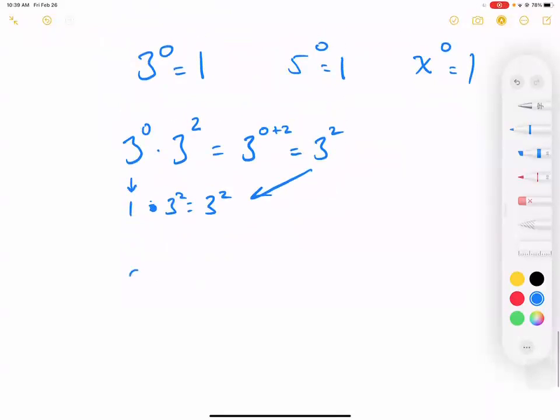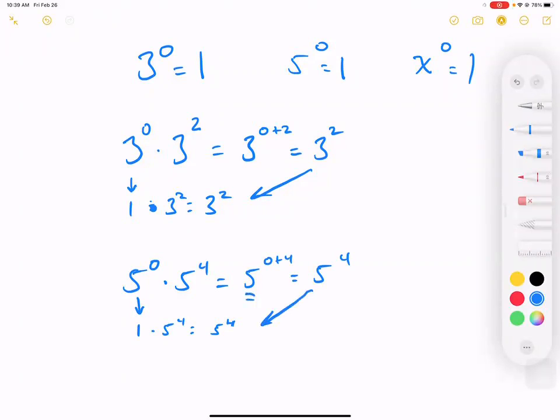Seems a little shady. 5 to the 0 times 5 to the 4th power. We could say that's just 1, right? 1 times 5 to the 4th is just 5 to the 4th by definition. But we could also use our rule. 5 to the 0 plus 4, it's still 5 to the 4, which leads us to say that 5 to the 0 power must equal 1.